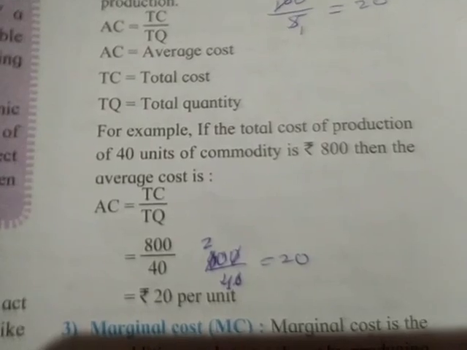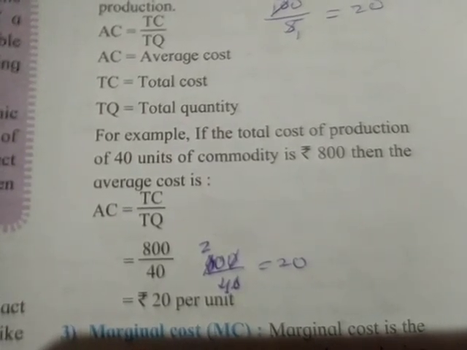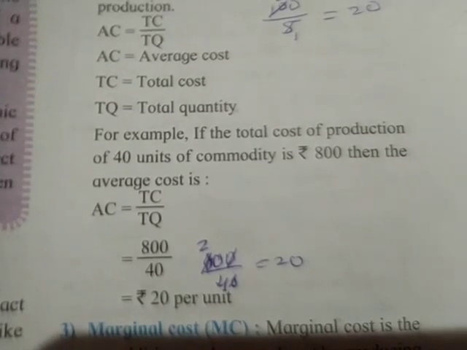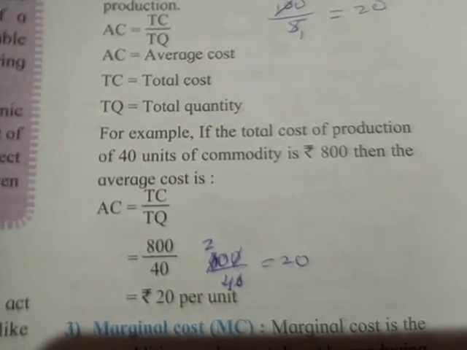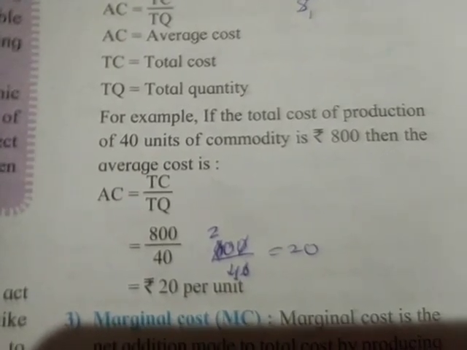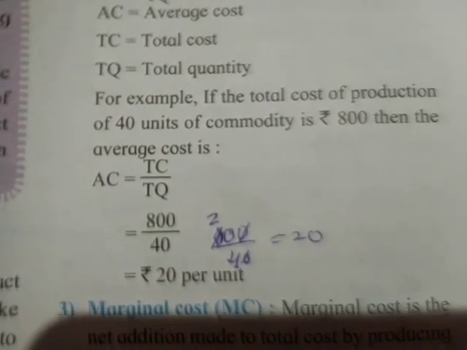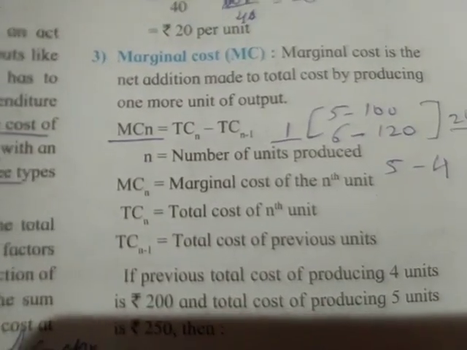For example, if the total cost of production of 40 units of commodity is rupees 800, then the average cost is AC is equal to TC by TQ, which is 800 by 40, which gives the answer rupees 20 per unit.